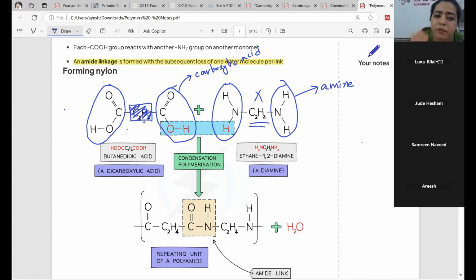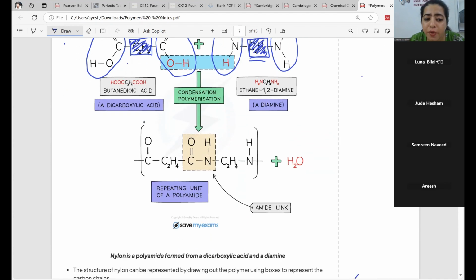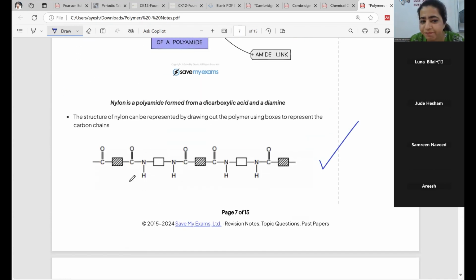And in the same way over here, there is something at the center. We're not concerned about how many carbons or hydrogens there are. Just make a small box in place of what we are not interested in. Okay, so if I make a box over here, it will look like this.